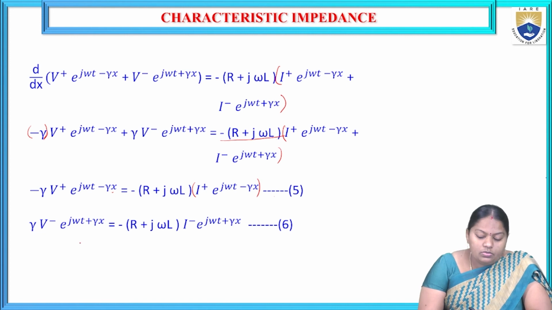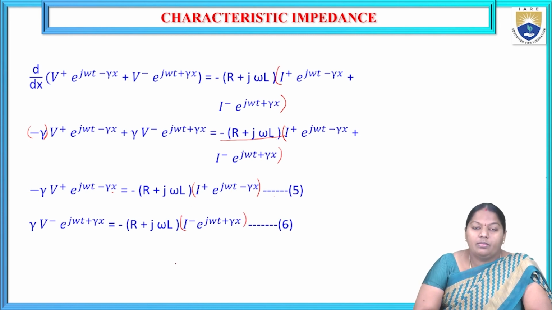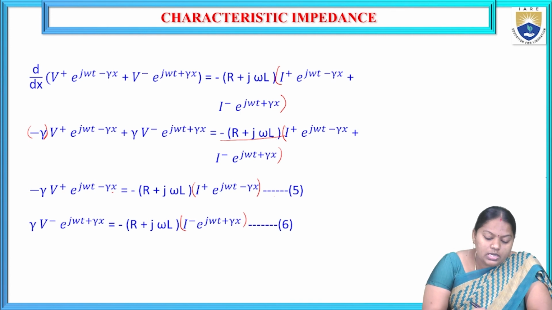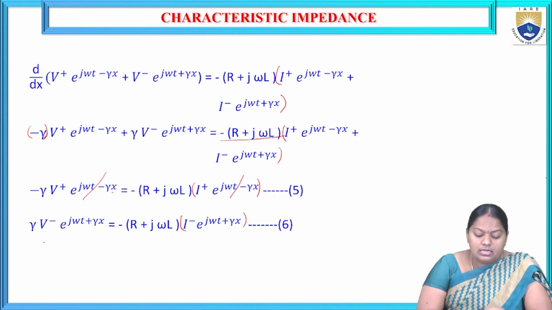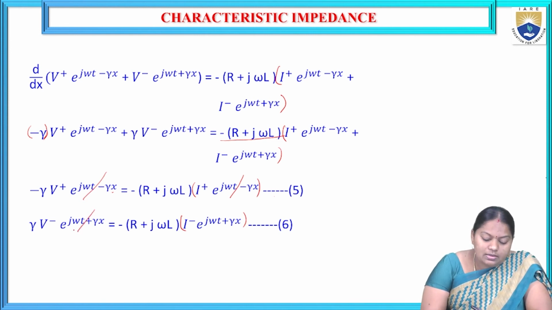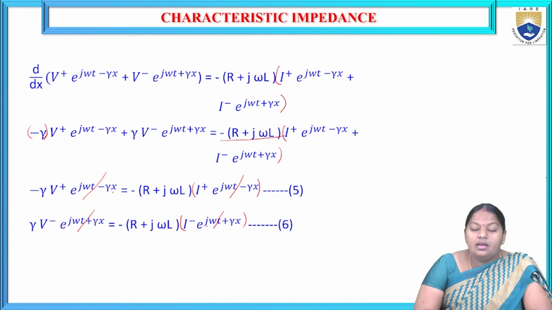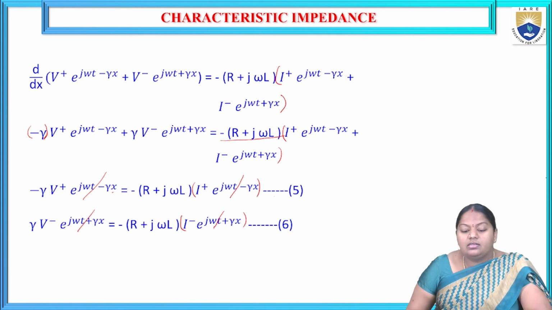Okay. Now if we compare the backward terms, γ V minus e^(jωt + γx) equals minus of (R + jωL) into I minus e^(jωt + γx), right? So comparing both sides, the exponential terms e^(jωt − γx) and e^(jωt + γx) get cancelled.